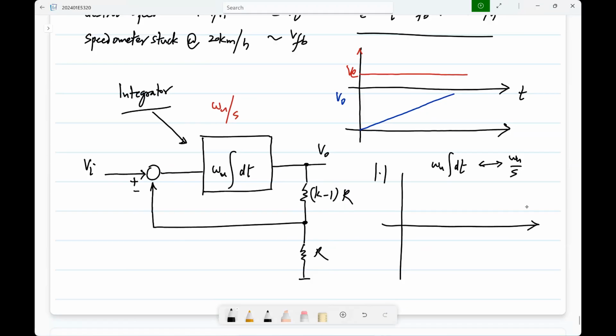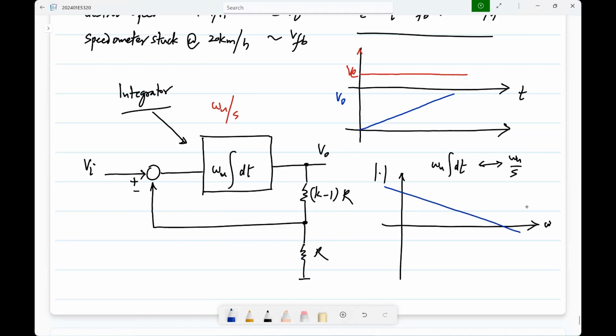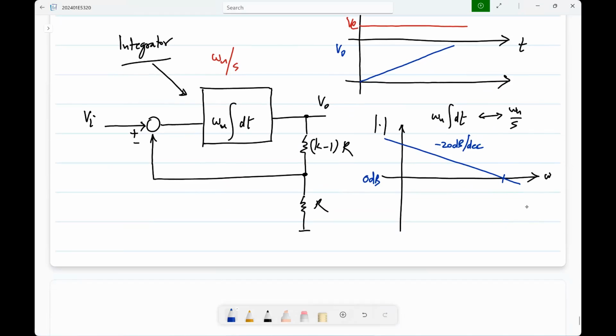What will be the Bode magnitude plot of this transfer function, omega u by s? A straight line with minus 20 dB per decade. And at what frequency does it cross 0 dB? Omega u.